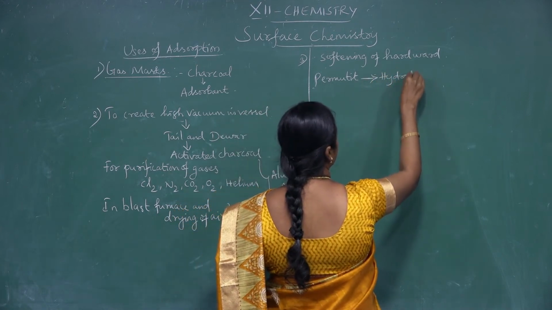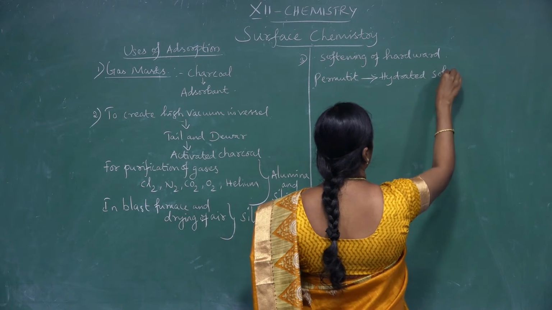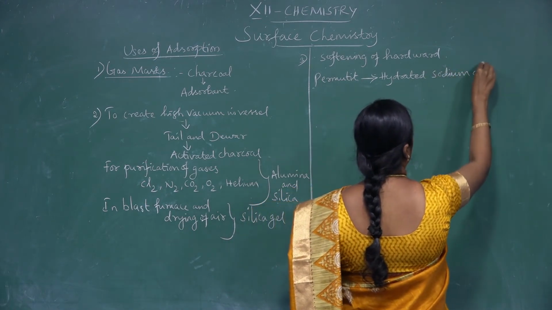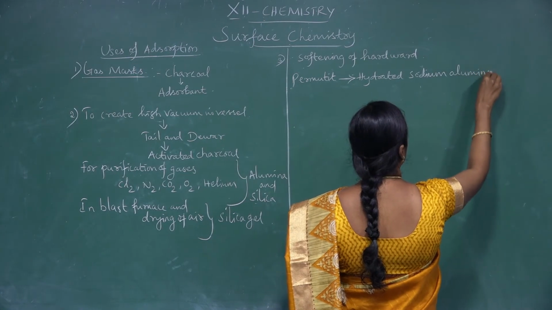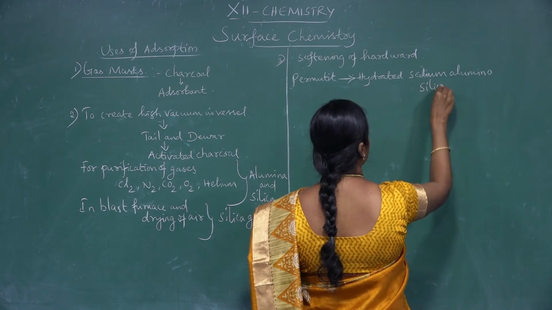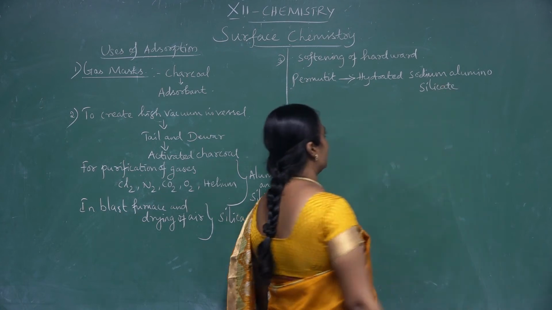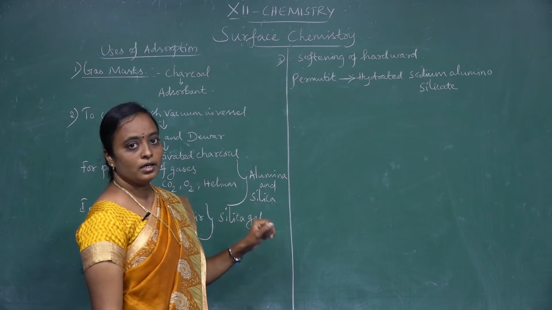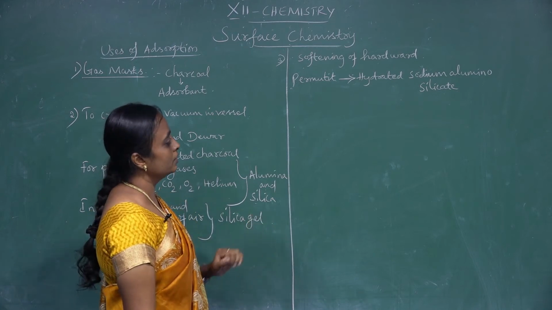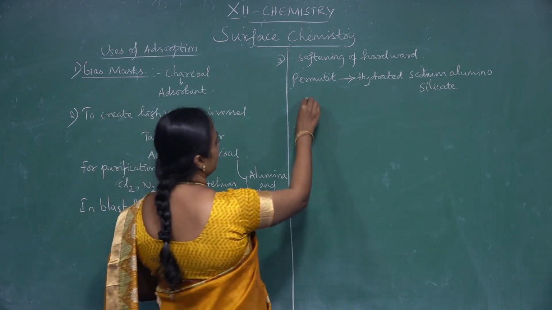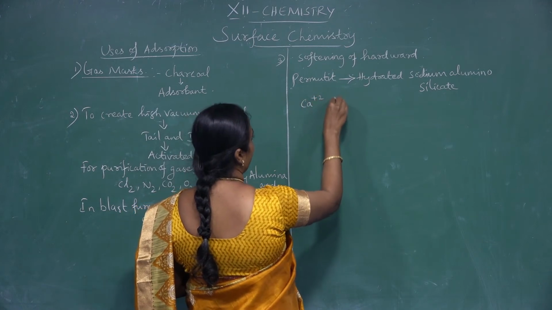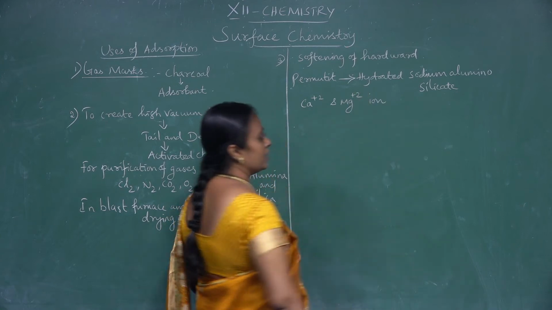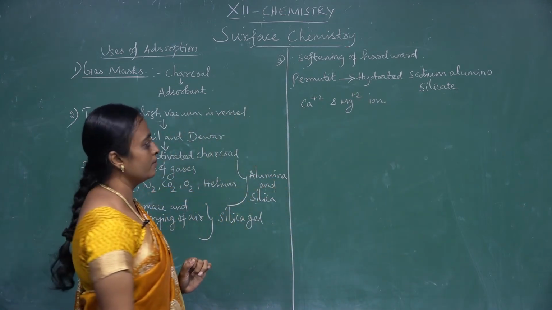Hydrated sodium aluminosilicate. Permutit is used in this process, and it adsorbs calcium and magnesium ions from the water.